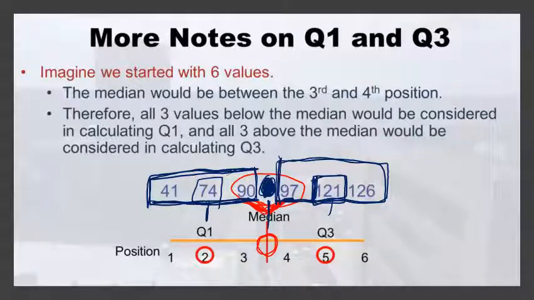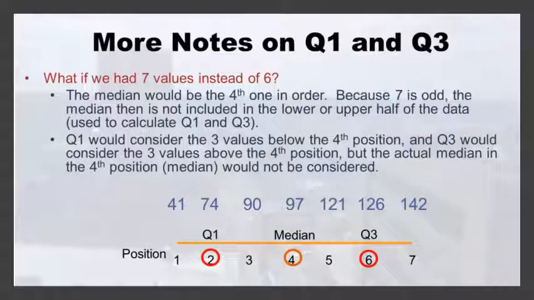Okay, so let's look at another one. What if we have 7 values instead of 6 in our data set? This is an odd number of values. Great. You know what that means?